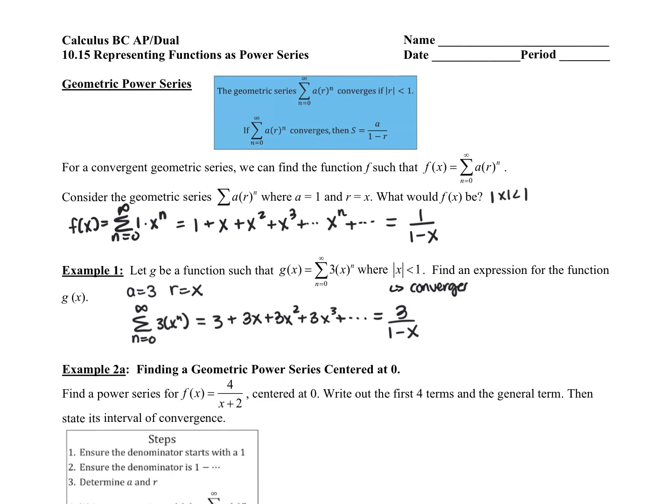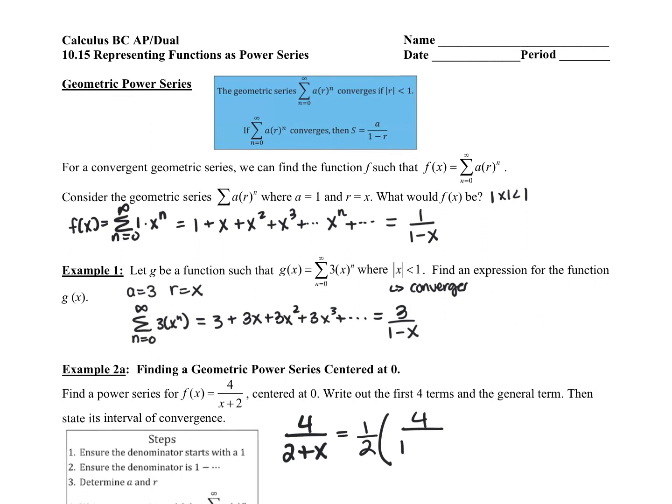Let's manipulate it so that we can adjust it. So we'll start with 4 over x plus 2, but I will rewrite it as 2 plus x. How can I turn that into a 1? Divide it all by 2 in the bottom, right? So factor out a 2 out of the bottom. That will give me a 1 there, right? So let's factor out a 2 out of the bottom, i.e. factor out 1/2.